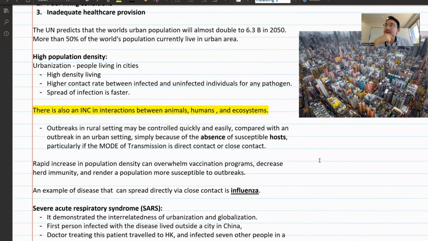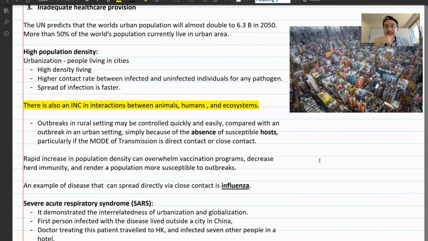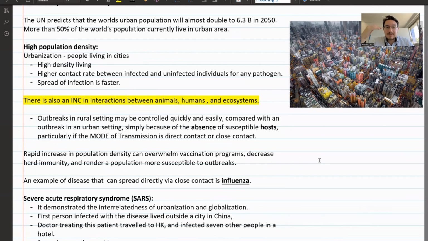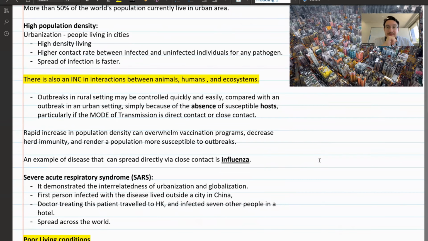So what are some aspects to that? You basically have high density living, right? Because there's high density living, there's a higher rate of contact between an infected individual and an uninfected individual, for any pathogen. That's just a given. With higher density, you're more likely to get an infection, so the spread of infection is faster, okay?